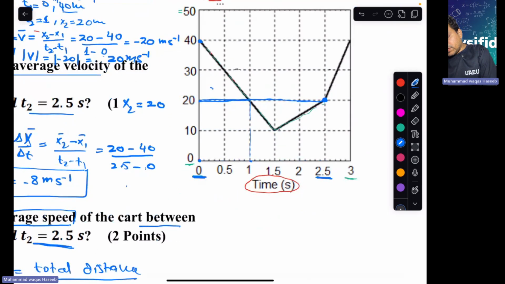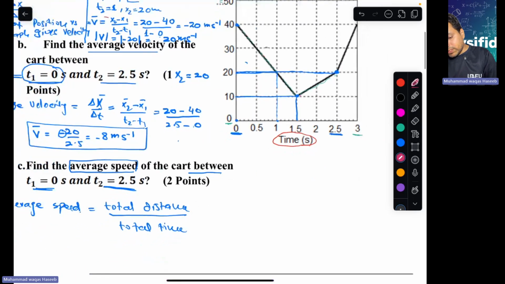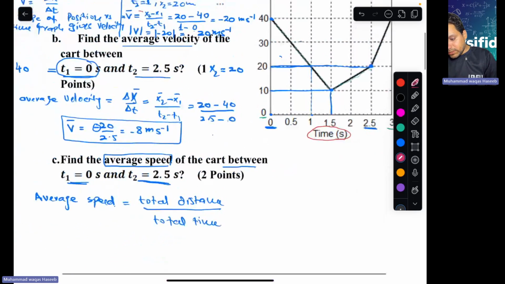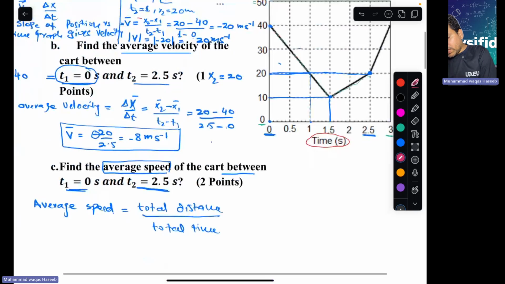From 40 to 10, that's until 1.5, and then from here to here. Okay, so what is the total distance? The difference in position between 40 and 10 is 30, and from 1.5 to 2.5 it's 10 minus 20.